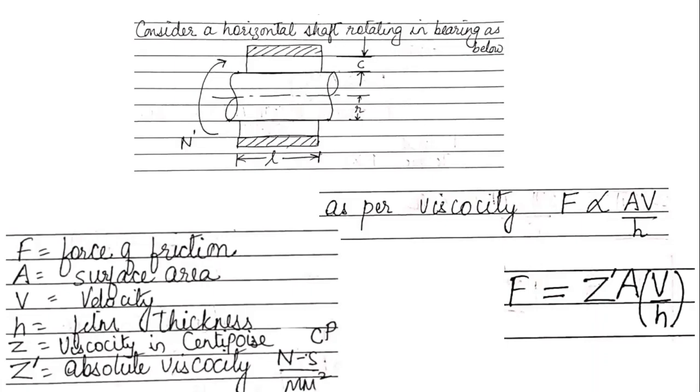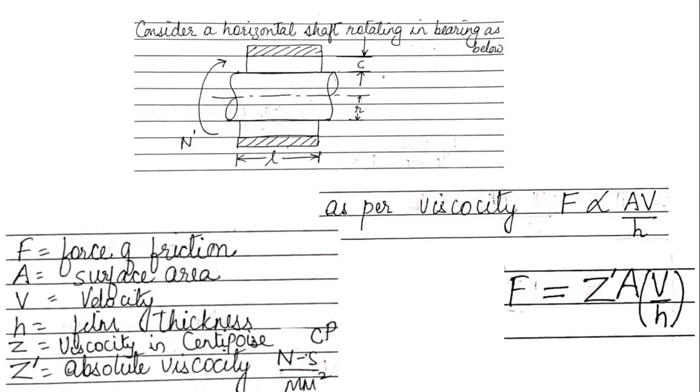Now, we all know that as per the equation of viscosity, F is directly proportional to surface area into velocity upon film thickness.